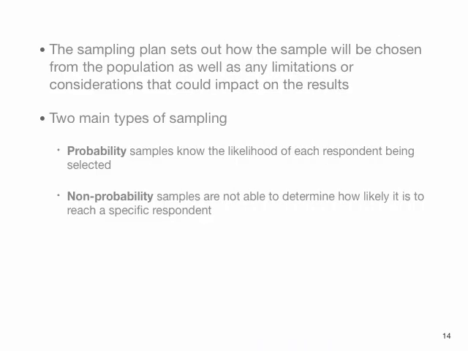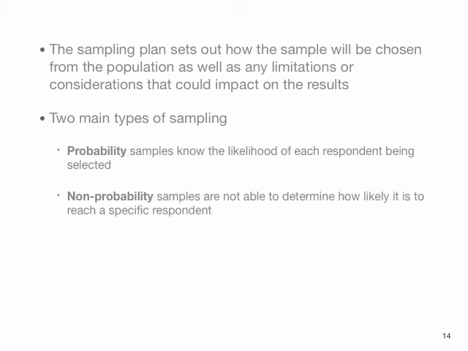There's kind of two main ideas behind sampling. One is what's called a probability sample, and the second is a non-probability sample. Difference being, with probability samples, you're fairly certain right from the start the likelihood of what type of respondent you're going to get.